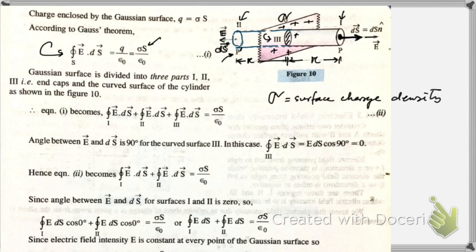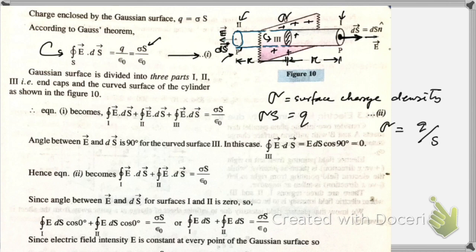So hope you have understood this, what is S here. So if sigma is the surface charge density, then surface area S into sigma gives you the charge, right? Because surface charge density is given by charge by surface area, right? So hope you have understood this. This is equation number 1.